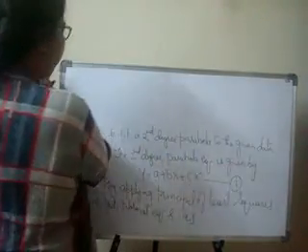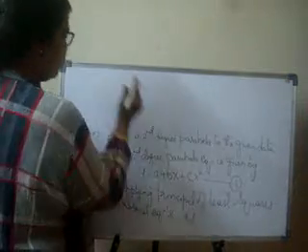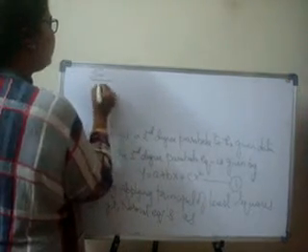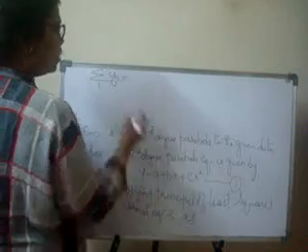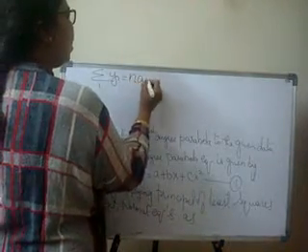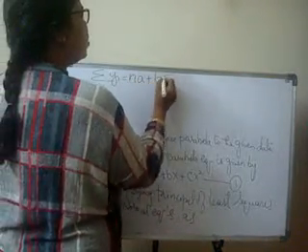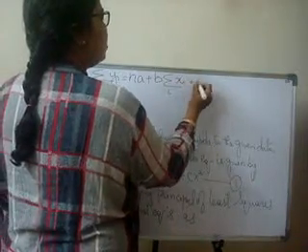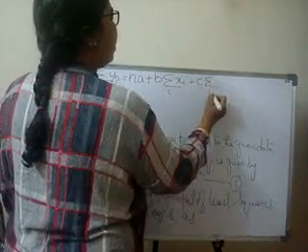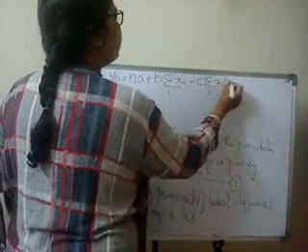Now the three normal equations are, first, this equation as it is: summation of y. This is a constant, so it becomes Na plus b summation xi plus c summation xi square.